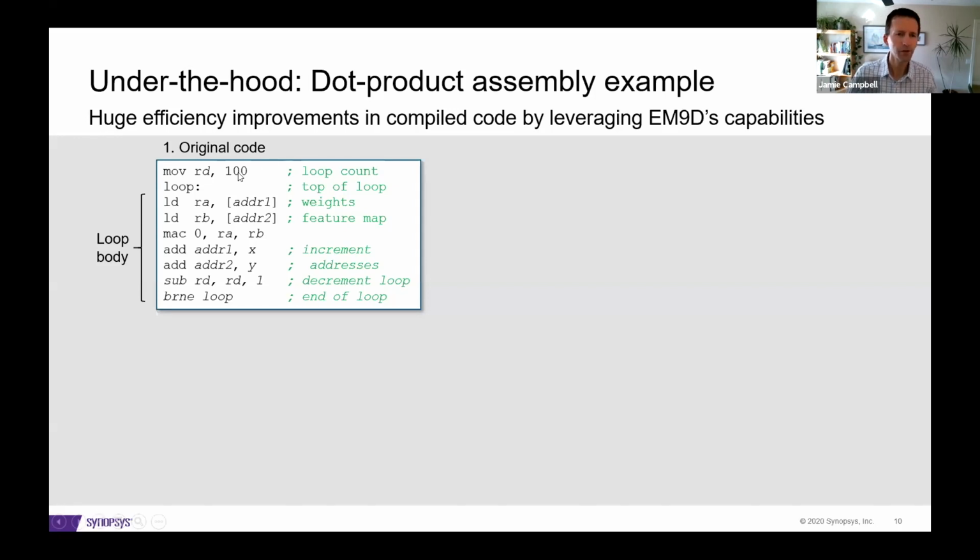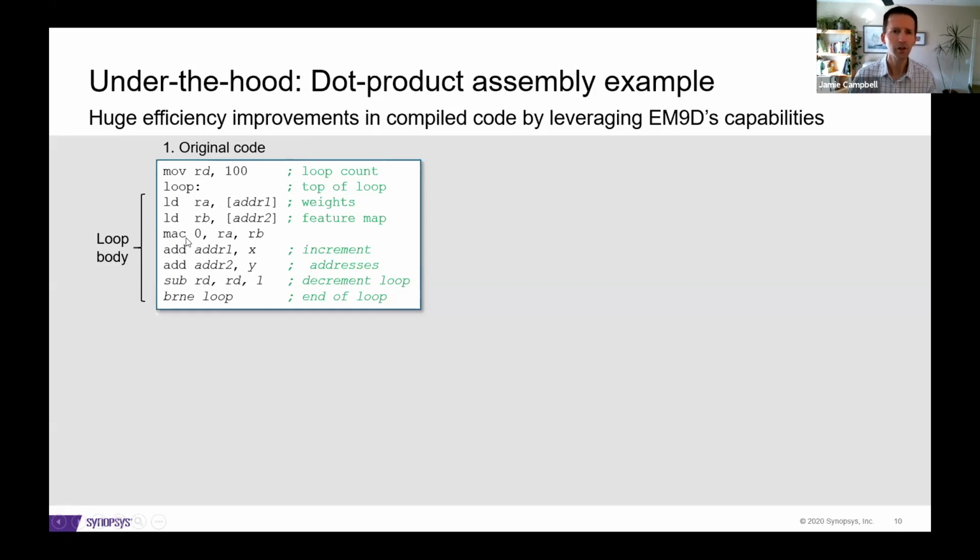If we look at this, the first instruction is initializing a register with a loop count. Then we go into our loop, and the first thing we need to do is bring our data into registers for processing. We've got a pointer to our weights and a pointer to our feature map, and we load those in.